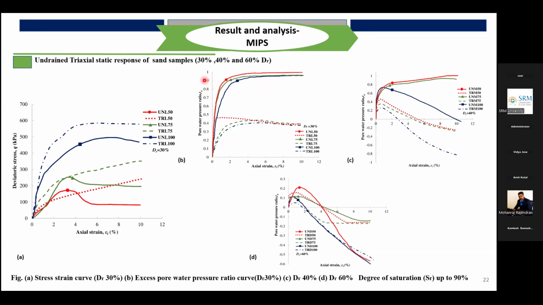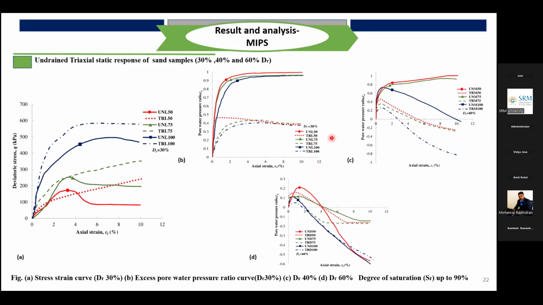Coming to the pore pressure variation, the pore pressure ratio RU value, as we mentioned earlier, when the RU value reaches 0.9 or more, your soil is prone to liquefaction. The solid lines pertain to untreated and the dotted lines pertain to treated soil. It is very clear that irrespective of the confining pressure considered, all the untreated soils reach a pore pressure ratio of 0.9 or more. So these soils are prone to liquefaction, even with increasing confining pressure.